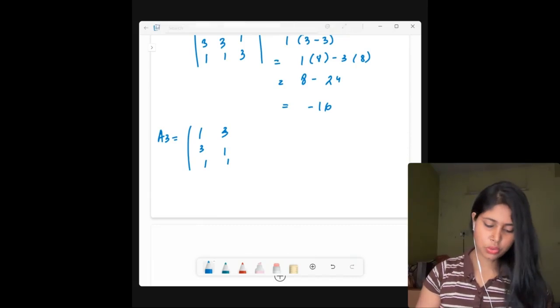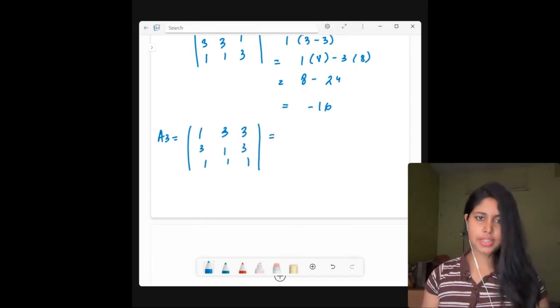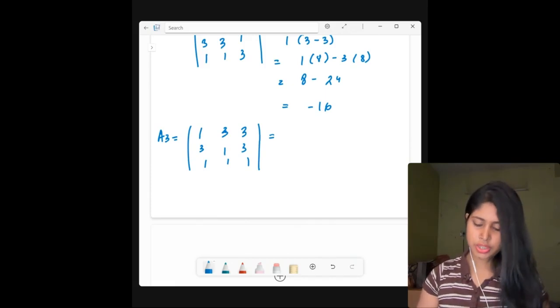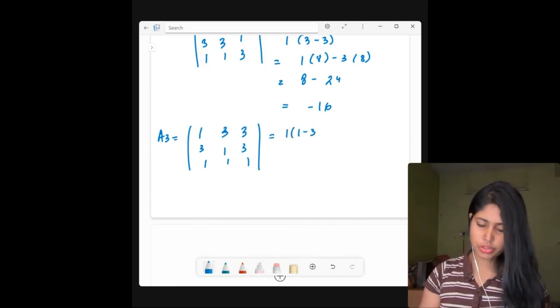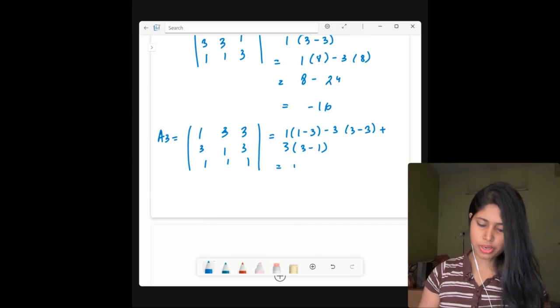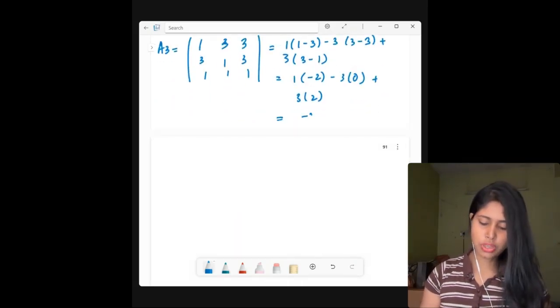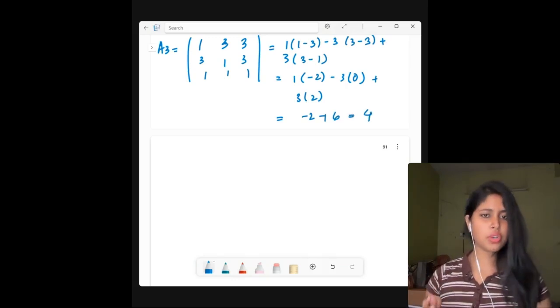Now we will find the determinant of it. 1 into (1 minus 3), minus 3 into (3 minus 3), plus 3 into (3 minus 1). So it will be 1 into minus 2, minus 3 into 0, which cancels, plus 3 into 2. So we get minus 2 plus 6, which is equal to 4. So this is our determinant of A3, right?